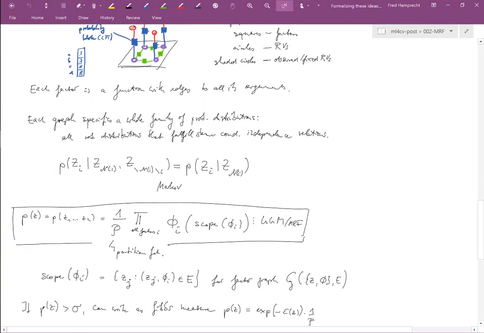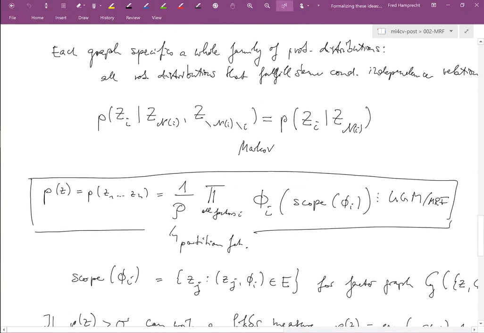So I had written that if you look at this boxed formula here, in such an undirected probabilistic graphical model, the probability of a given configuration is a product over factors, and each factor can depend on a different subset of random variables. So each factor has its own scope.